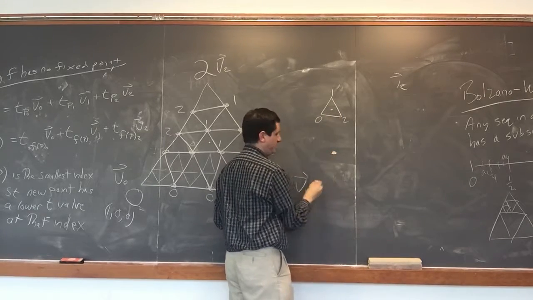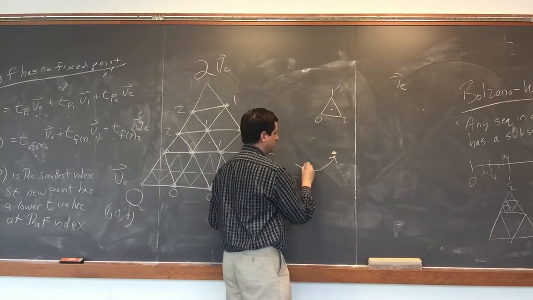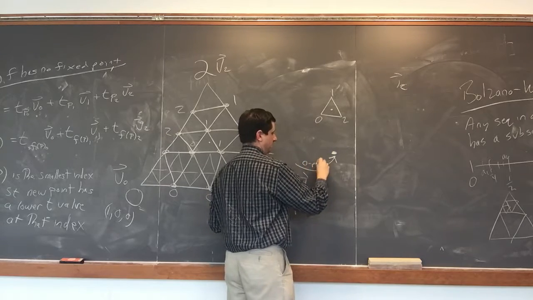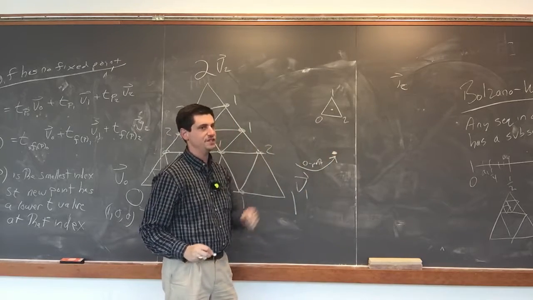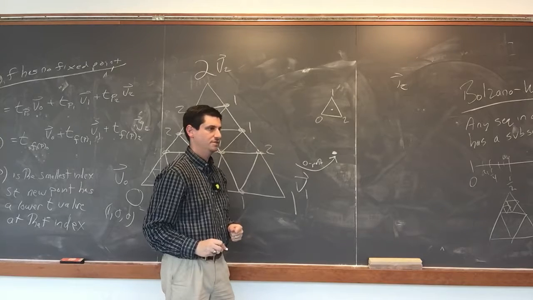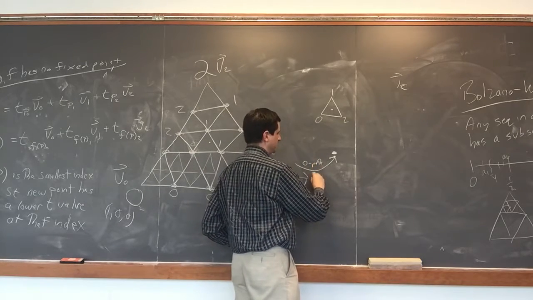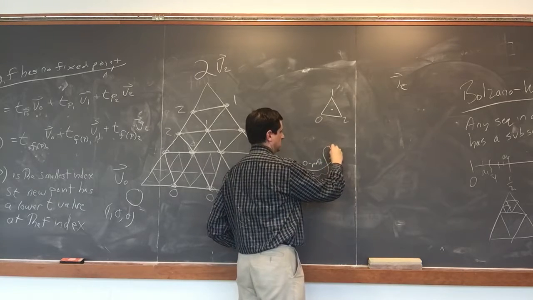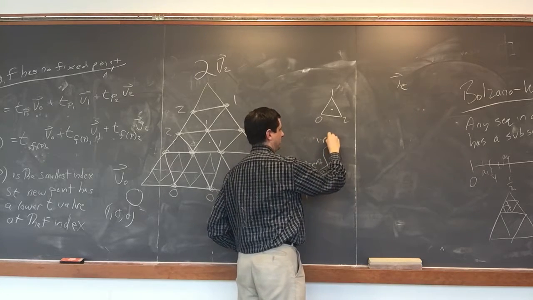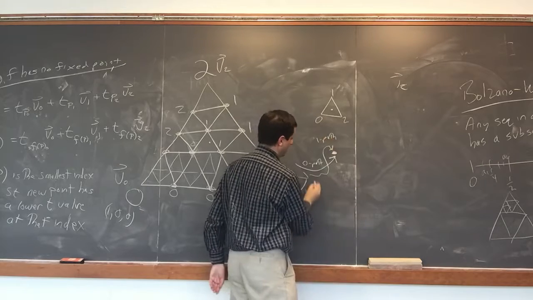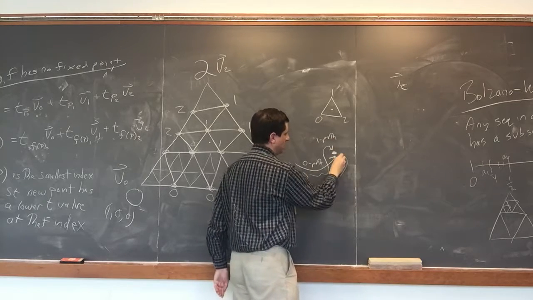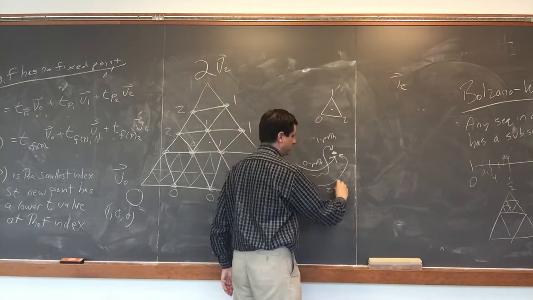We have some special point here, and let's call it the 0 path. And along this path, the first index is different. Then we'll also have a 1 path, which is going to be very close to this, maybe coming in like this. And then we'll also have the 2 path, which is also going to be close. I'm just drawing it like this to make it easier to see.